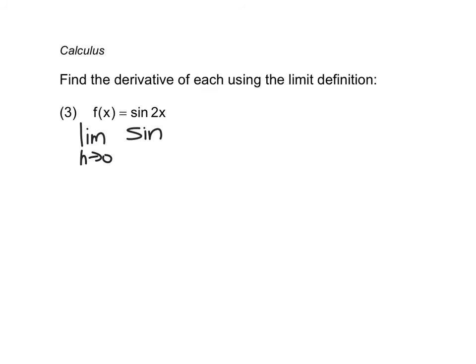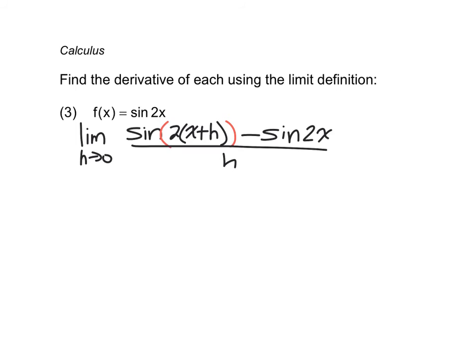Sine of 2 times x plus h. I'm going to put it in an extra set of parentheses just so it's really clear that that's still part of the sine function, or at least as clear as I can make it, minus the sine of 2x all over h.